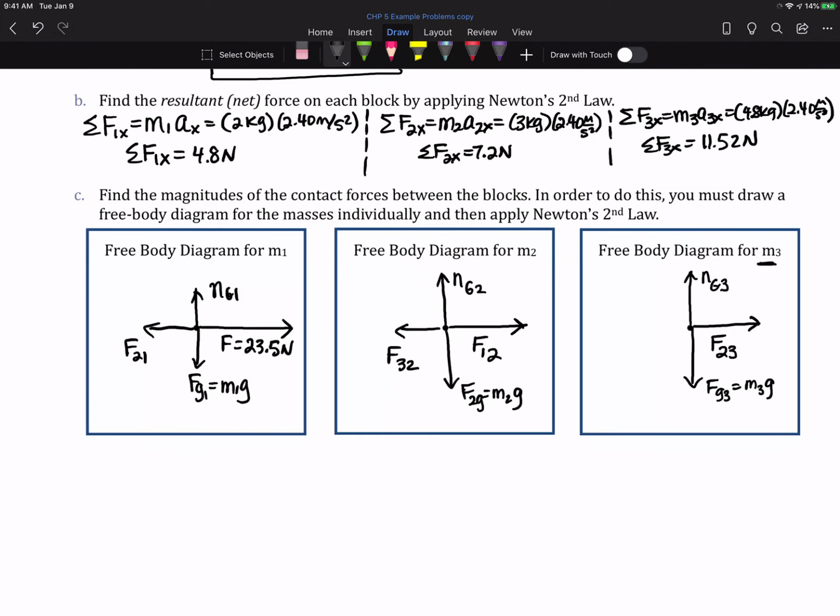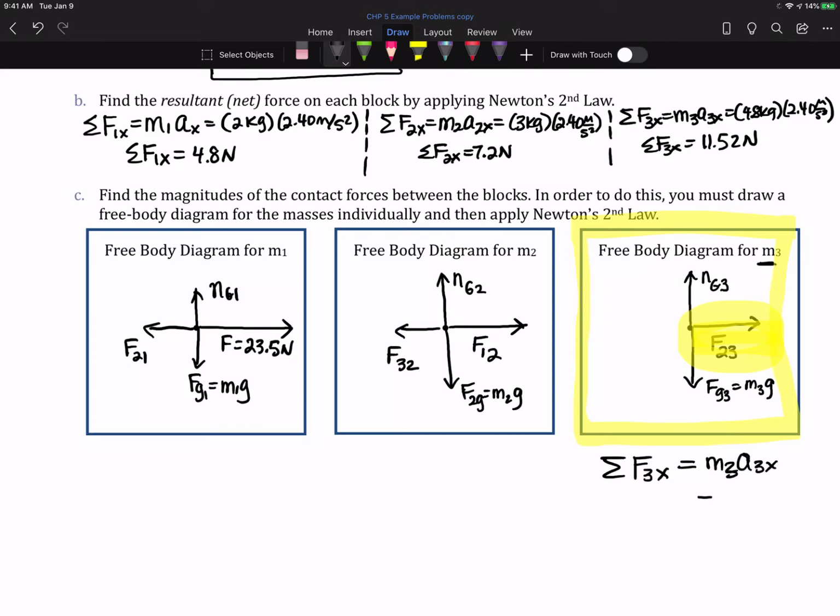So if I look at, for example, the sum of the forces on 3, I'm going to choose to start with that one because there's only one force in the x direction. So the sum of the forces on 3 in the x direction has to equal the mass of 3 times the acceleration of 3 in the x direction.